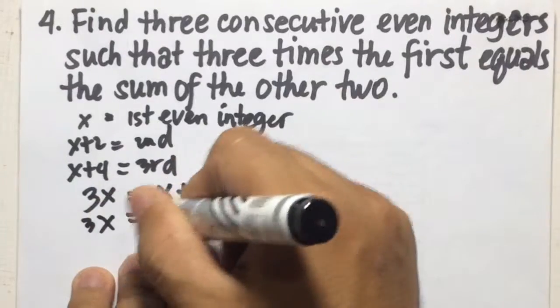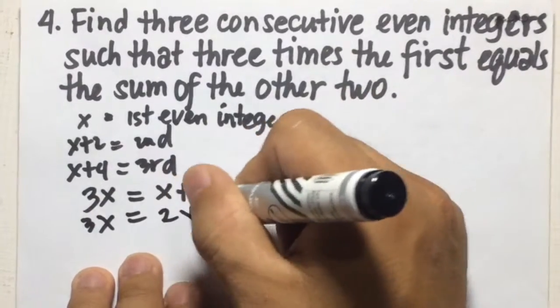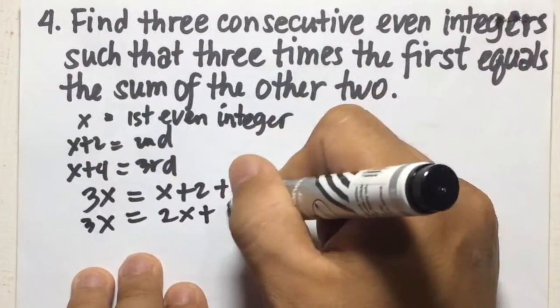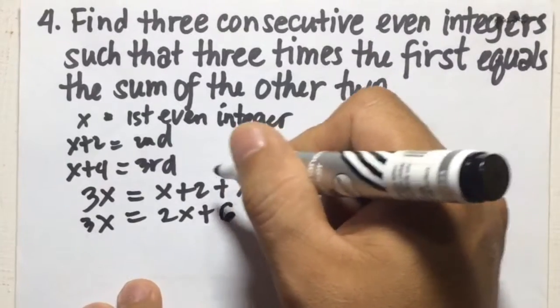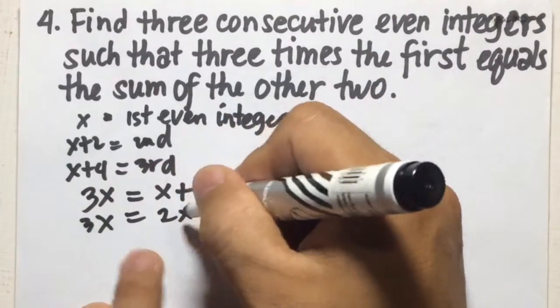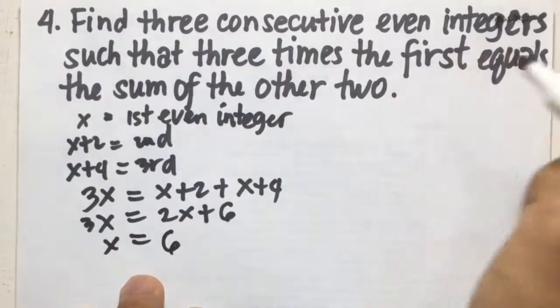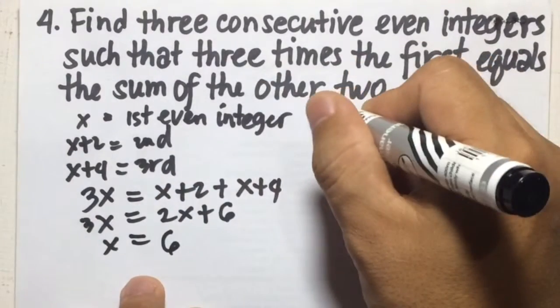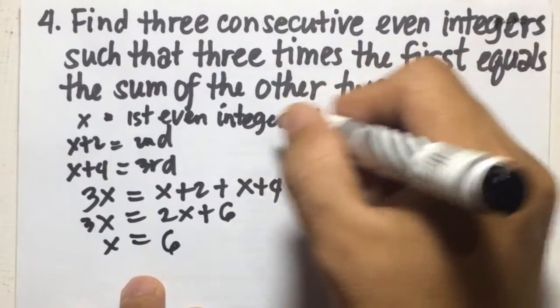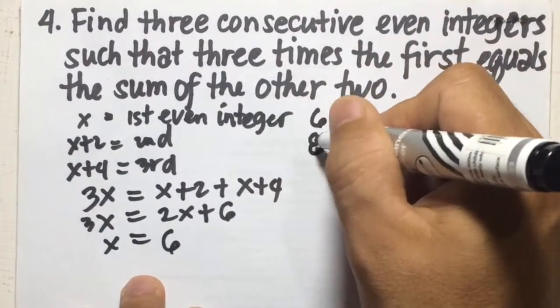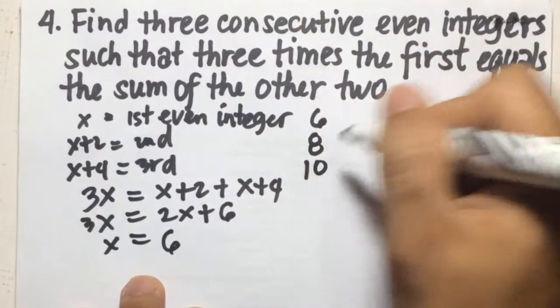So 3x is equal to x plus x, which is 2x, then plus 2 plus 4, 6. Combining like terms, 3x minus 2x, it will be x equals 6. So the first even integer is 6, the second will be 8, and the third will be 10.